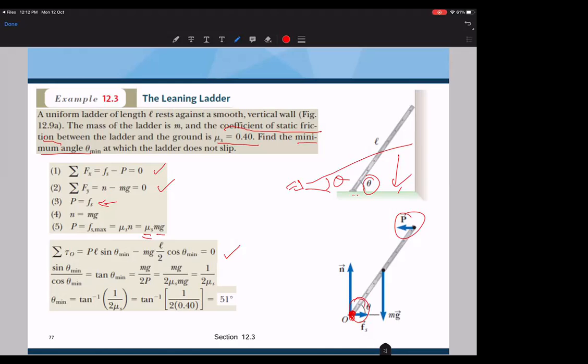So in this way, you could once again calculate the value of theta minimum, because you have three parameters: N, P, and theta minimum in this case. So these are the techniques that we would use to solve the equilibrium problem.